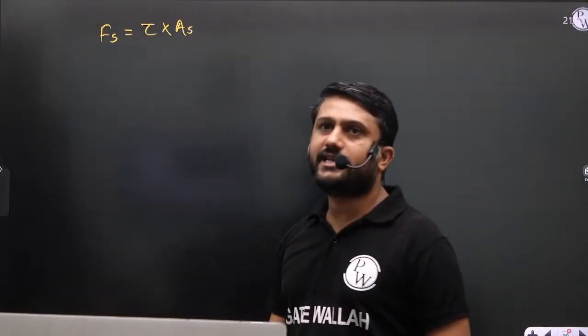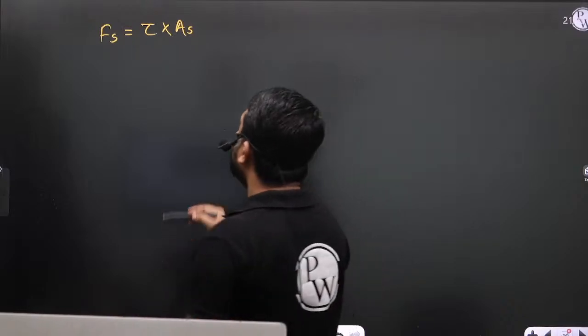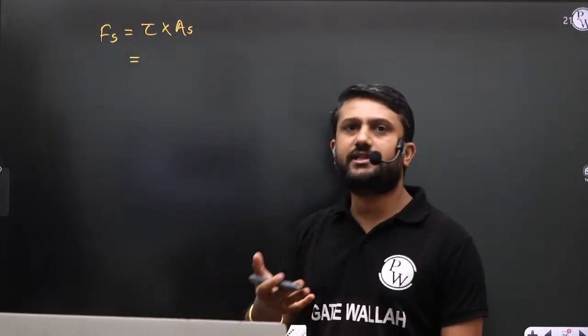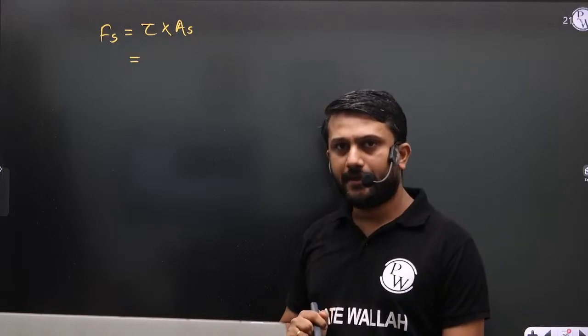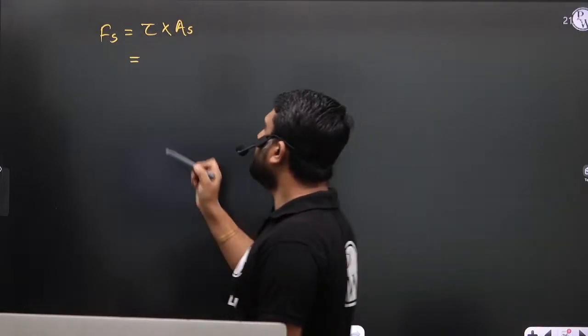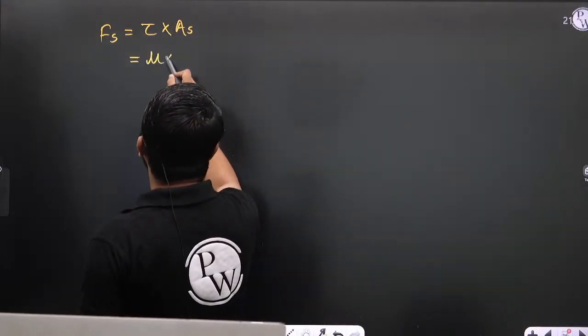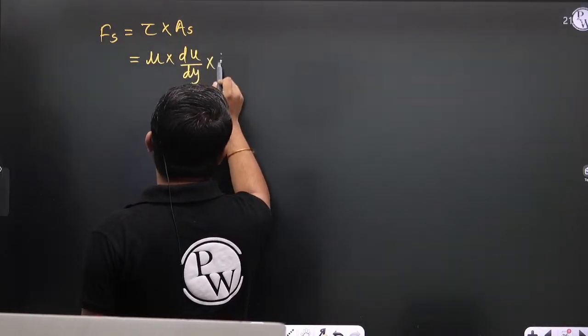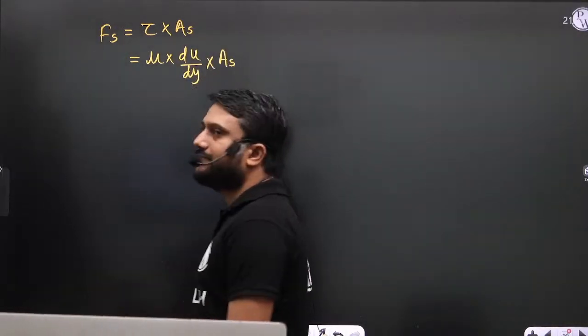Shear stress multiplied by shear area. And what is the shear stress? Shear stress we can calculate using Newton's law of viscosity, right? So from Newton's law of viscosity, we can write tau is equal to mu du by dy, into As.